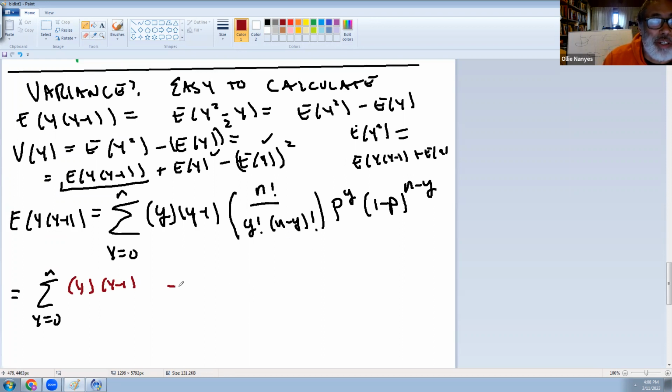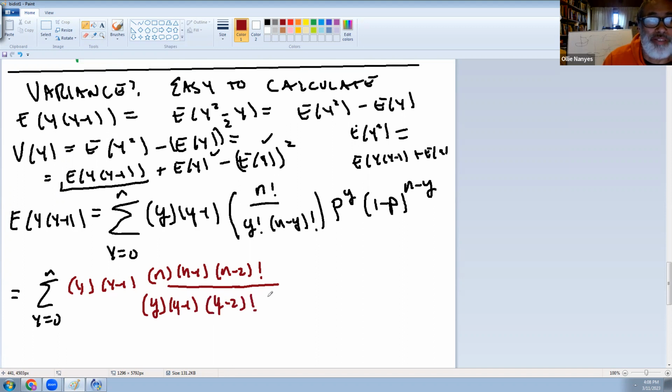Now let's work on this right here. Well, it looks like we're going to be going down 2 units. So I'm going to go ahead and multiply this as an n minus 1, n minus 2 factorial. This bottom here, it's going to be a y, a y minus 1, a y minus 2 factorial.